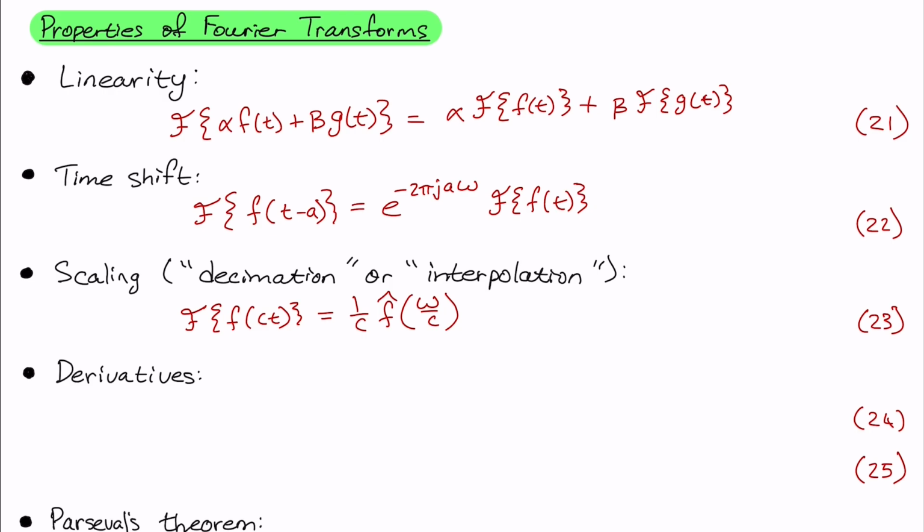So by either decimating or interpolating some continuous function, we end up scaling both the amplitude as well as the frequency domain, so that it's equivalent to shifting up or down in the frequency domain.